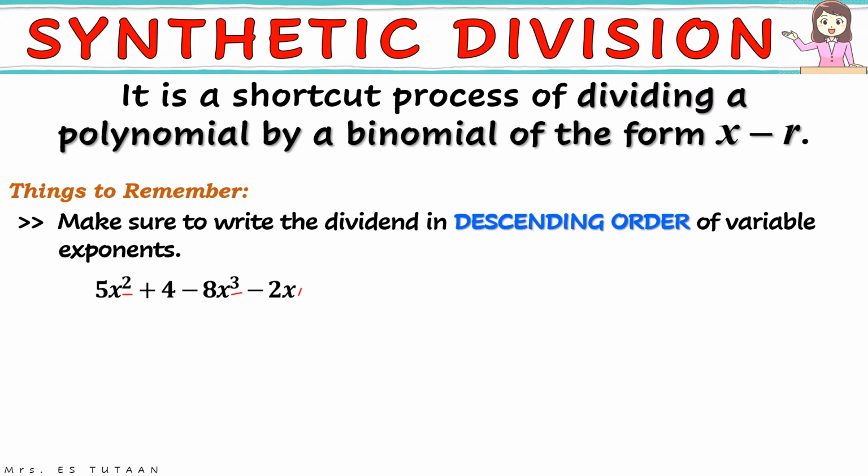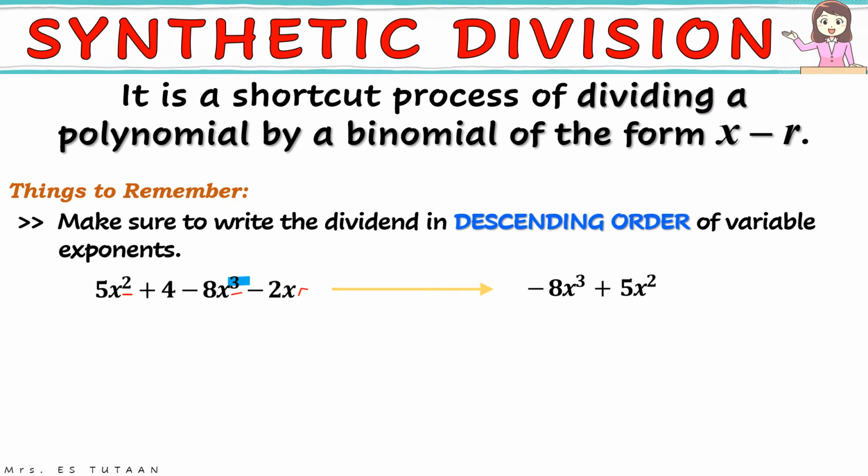So, kung hindi, we need to arrange first the terms. So, yan ay magiging negative 8x cubed. So, ang highest exponent ay cube, followed by anong sumunod? We have square. So, x squared. So, yan ay plus 5x squared.